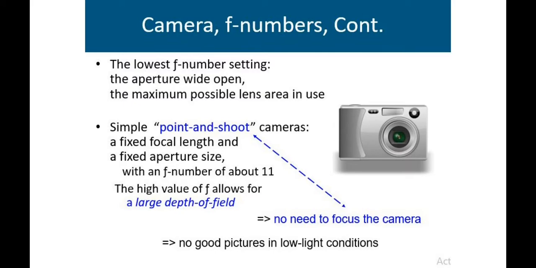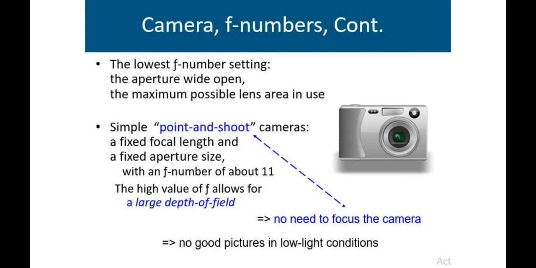Some inexpensive cameras have a small aperture, and some of these cameras, like the camera in your telephone, even have a fixed position of the lens. So the focal length is fixed, the aperture size is fixed, and therefore only the central part of the lens is working.